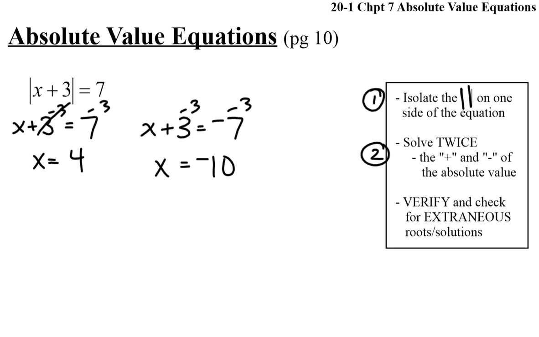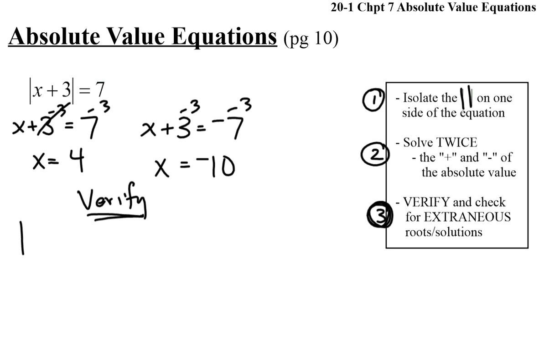And now, as with all of these situations we've talked about, sometimes we're going to get extraneous answers. These unique situations, whether it's radicals or rationals or now absolutes, sometimes you get things that don't work. So we always have to verify.